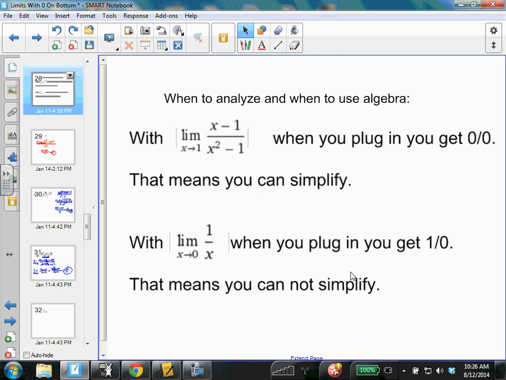one exception to that rule might be the absolute value of x over x.